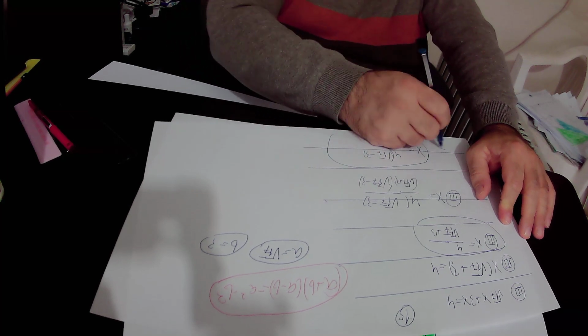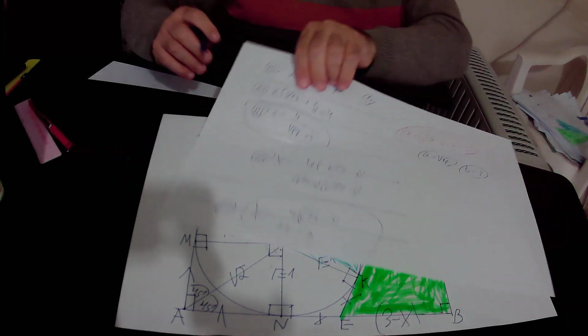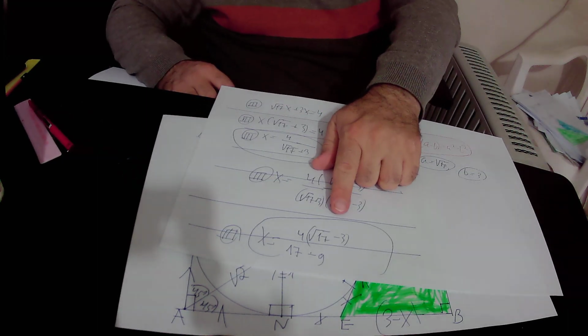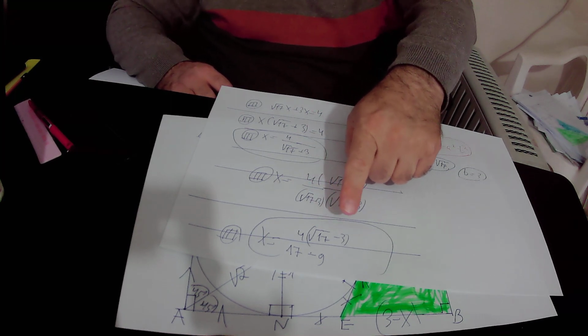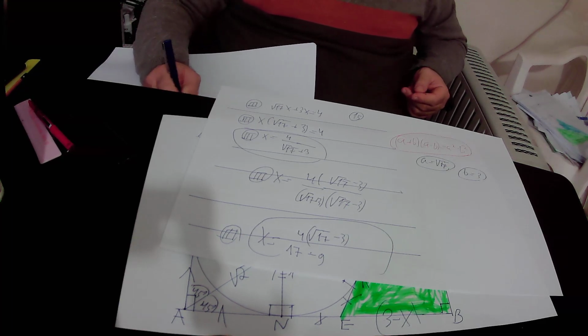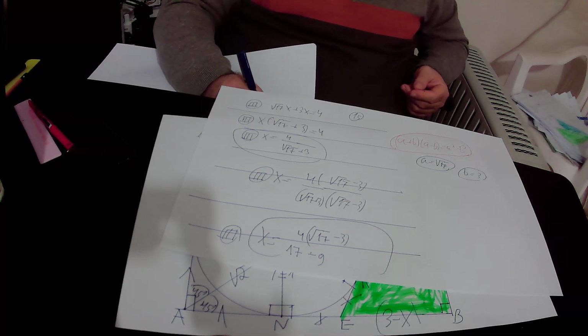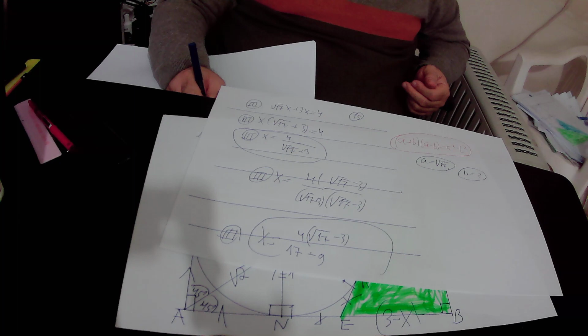So we found out that according to equation number 3, x equals 4 times square root of 17 minus 3 over 17 minus 9. 17 minus 9 is 8, so we write it down: in the denominator we have 8, and in the numerator we have 4 times square root of 17 minus 3.